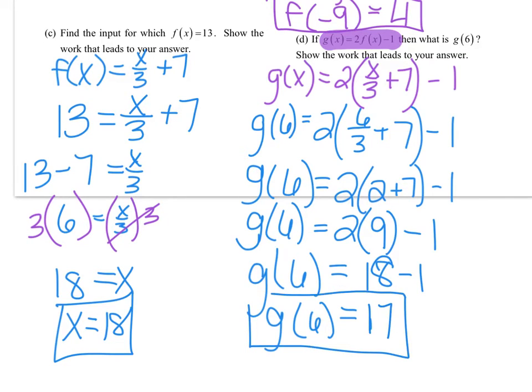So that was a little interesting, but nothing that we can't manage. Just recognize what the problem is actually telling you. In this case, f of x was equal to x divided by 3 plus 7, so we just substituted that in first to make it a lot easier to do the math that led to our answer of g of 6 is equal to 17.